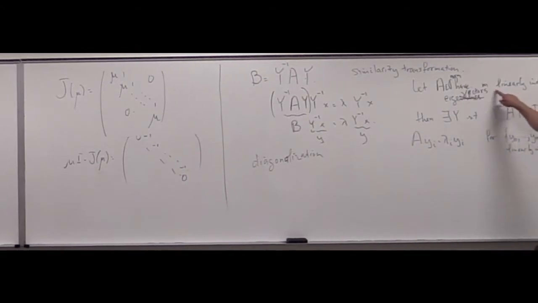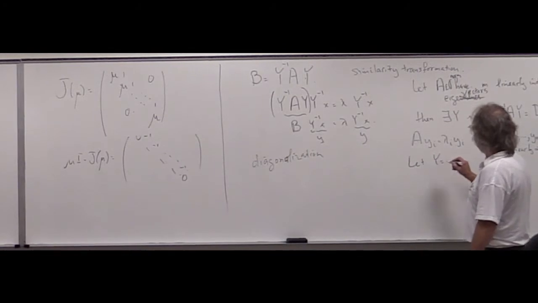Why? Because we said there are n linearly independent eigenvectors. Anytime we have sets of vectors, what do we like to do? We like to take them and put them together into the columns of a matrix. Often we start with the matrix and think of it as columns. Now we're taking vectors and making them into the columns of the matrix.